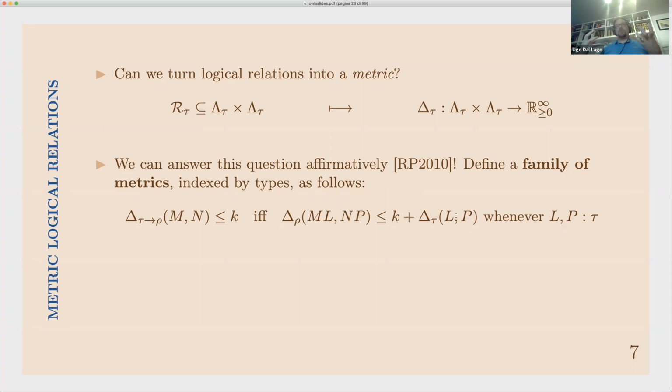So this is, if you like, the most natural way of generalizing logical relations to metrics.